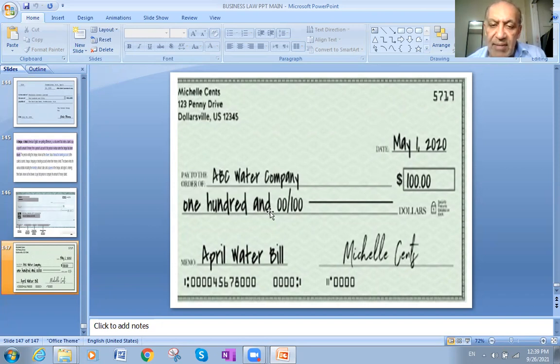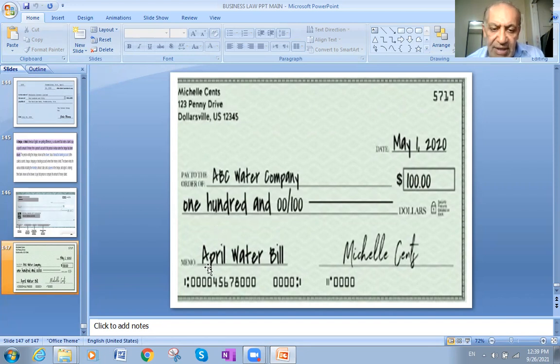Then we write the amount of money once in the square here in digits, in numerics. And then we write the same amount here also in words, for example, one hundred and 00 out of 100, which means no cents. There are no cents here, and 100 only. Then the drawer is Michael Cent. These are all invented names, not real names.